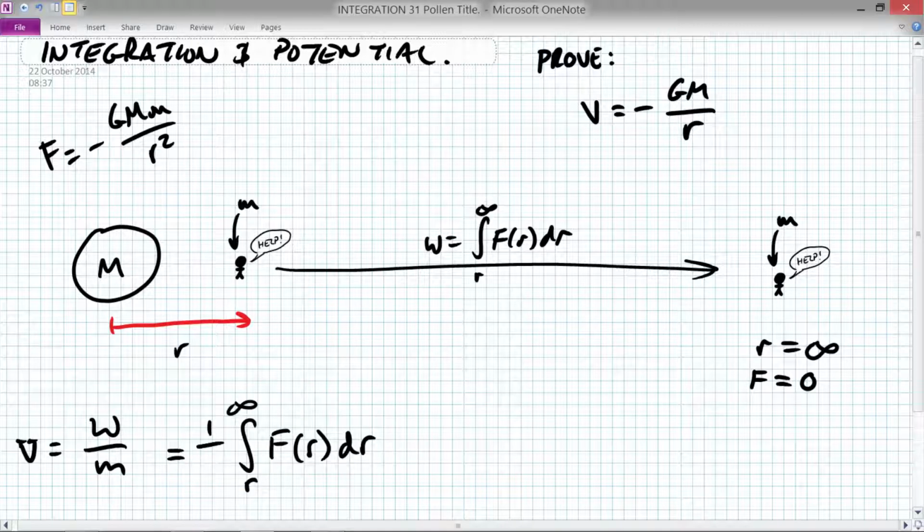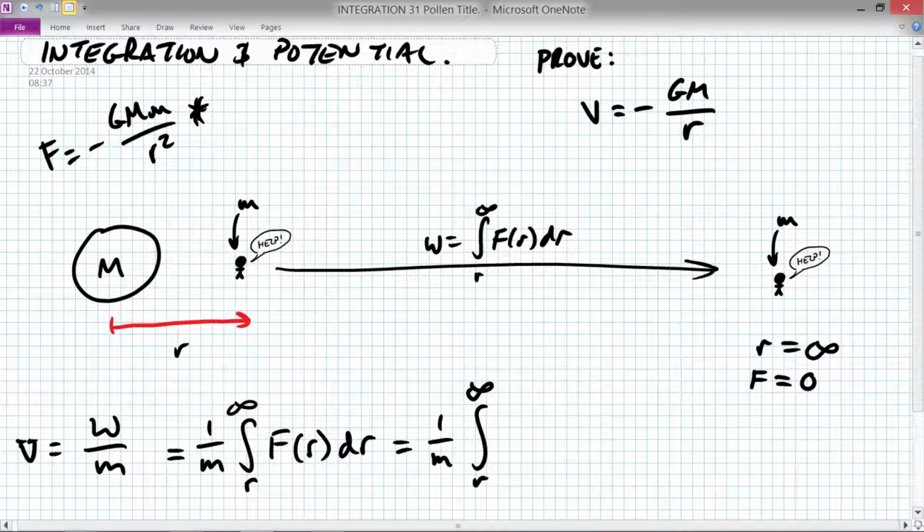I have to add 1 over m. So that's it. That's all we've got to do. Now we can get on with the integral. We have everything we need. So if I shove in my equation from over here, my function of r, my force, that's going to give me 1 over m times the integral from r to infinity.